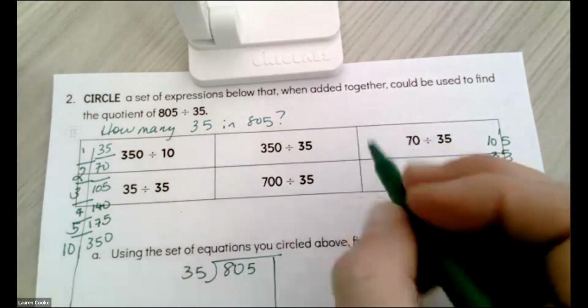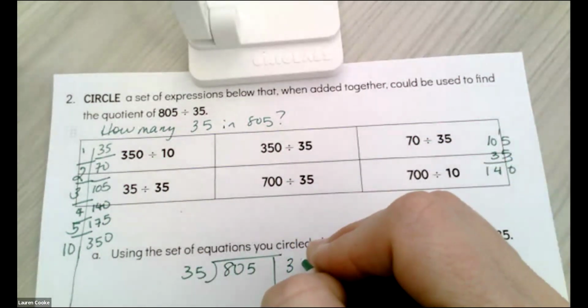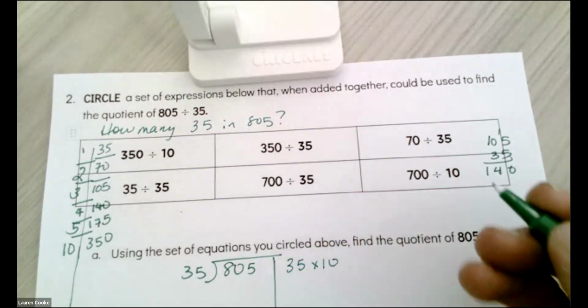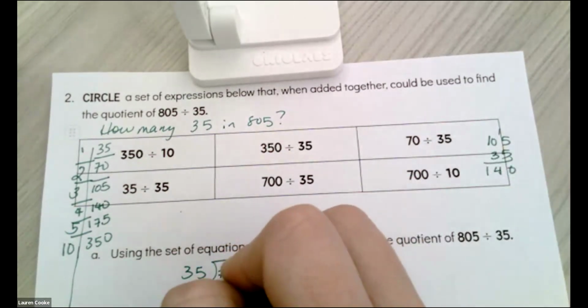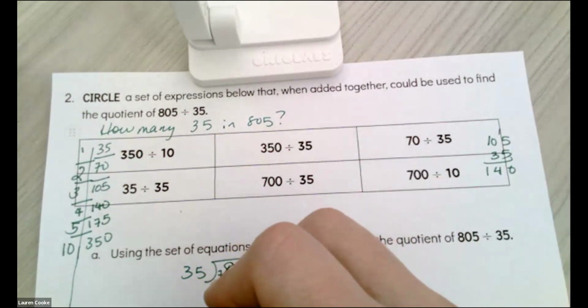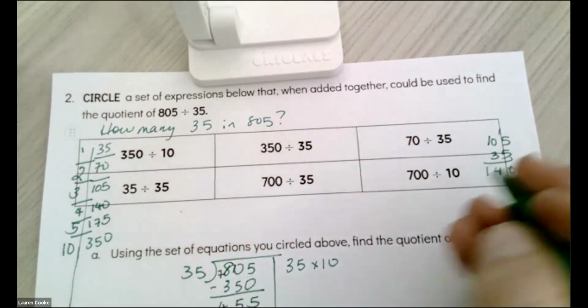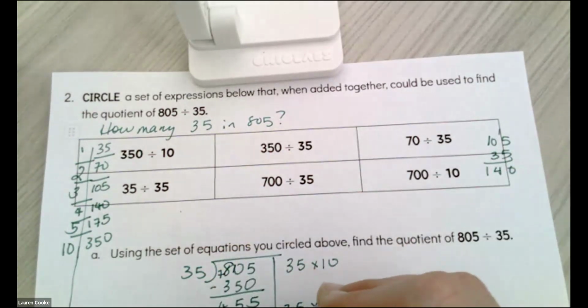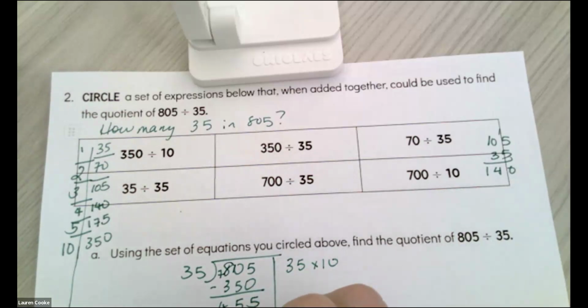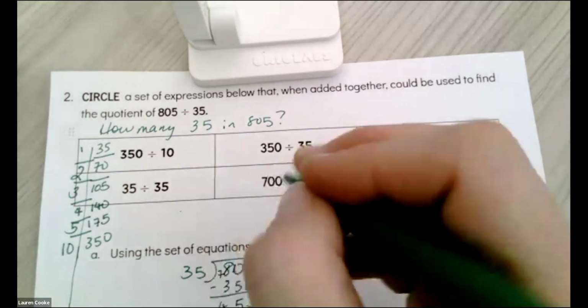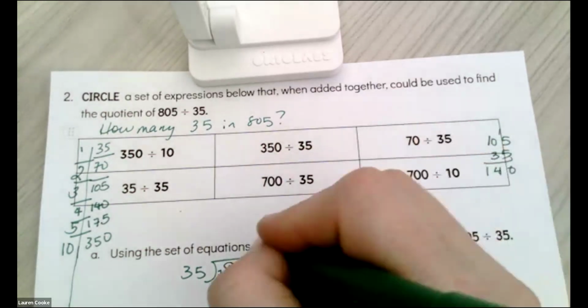So let's say I have 35 times 10, that's 350. Then I have 455. And then I can take another one away. Then I have 105, and that's 35 times 3. Okay, so I know that the answer is 33.